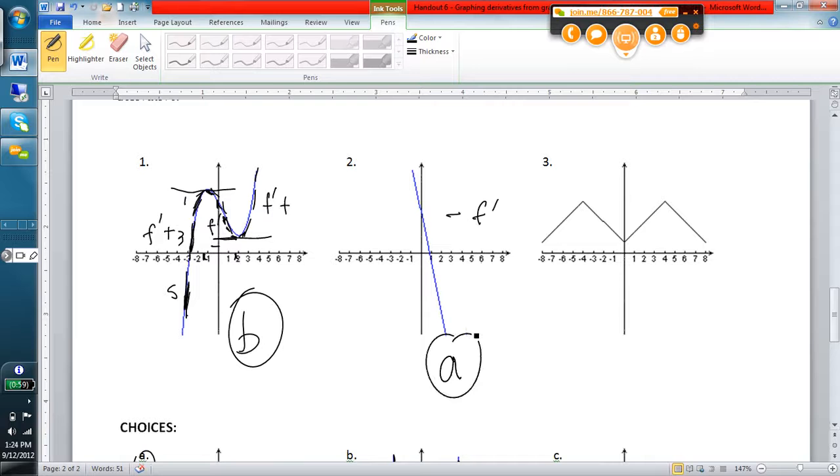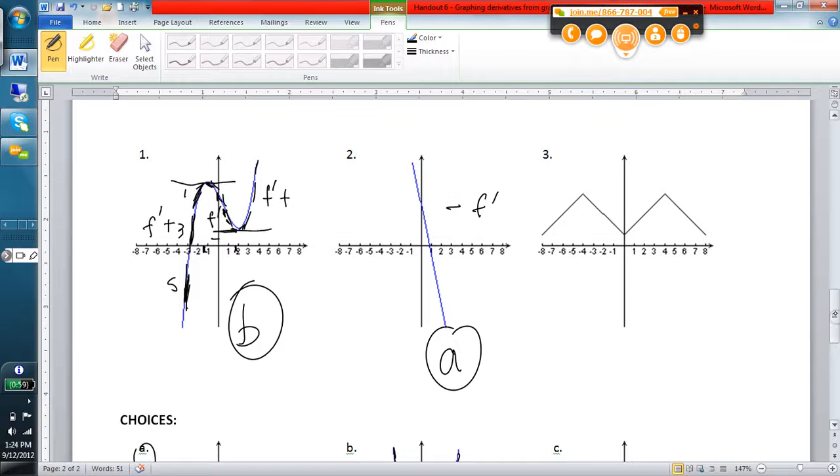Which brings us to number 3. Which ones of those would fit nicely, again graphing the derivative of number 3? Well, what have we got here, and here, and here? We've got corners, which aren't zeros.